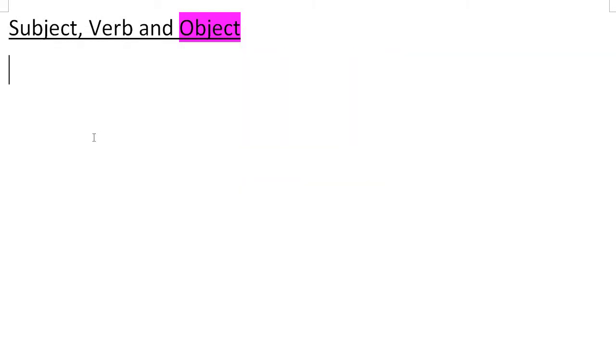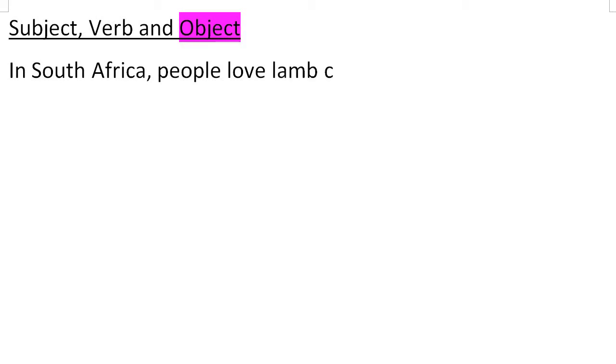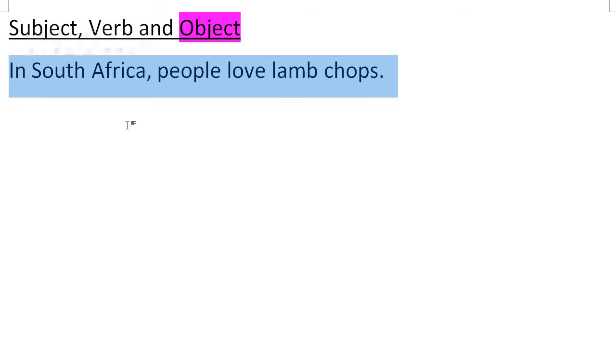And I've seen a lot of learners make that mistake. So if I say, in South Africa, people love lamb chops. So that's a bit of a stereotype there, maybe a bit of a generalization.